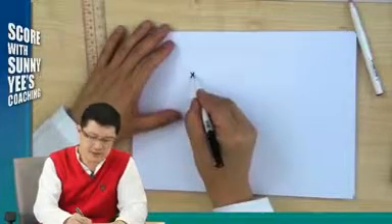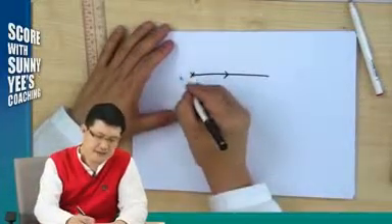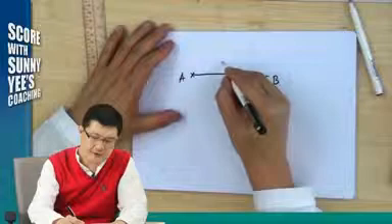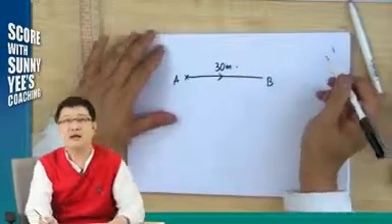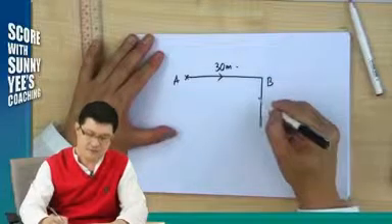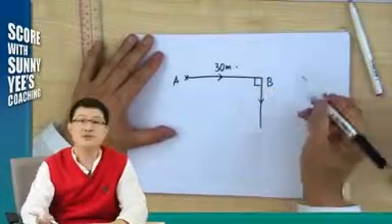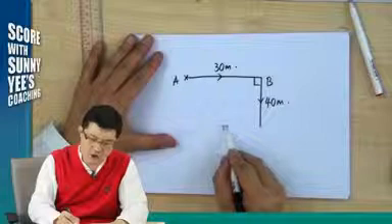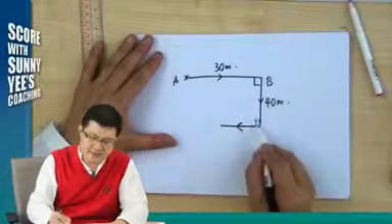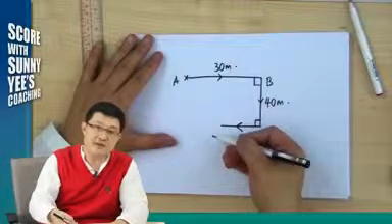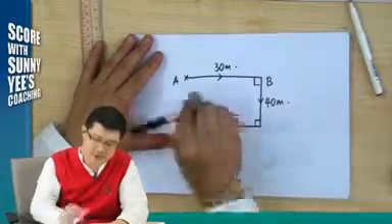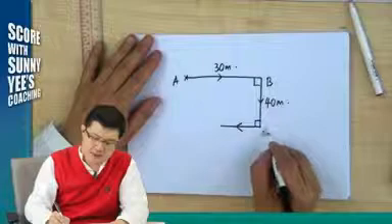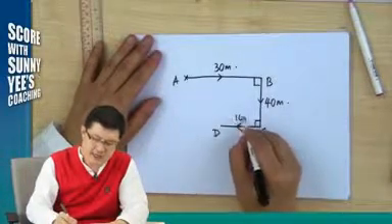This is the path moved by a particle from A to B. Say this is 30 meters, and then it moved down 90 degrees for 40 meters, and then it goes to the left again, west, and then south, east again to the position D by 10 meters.